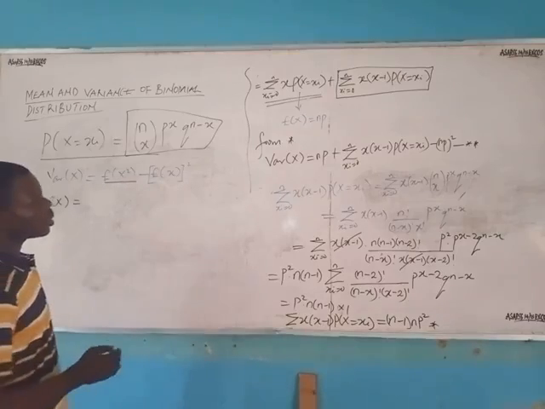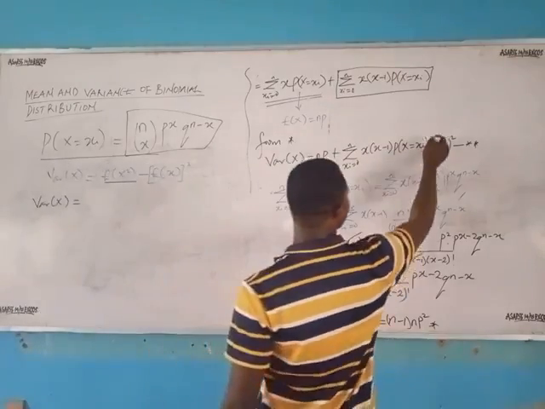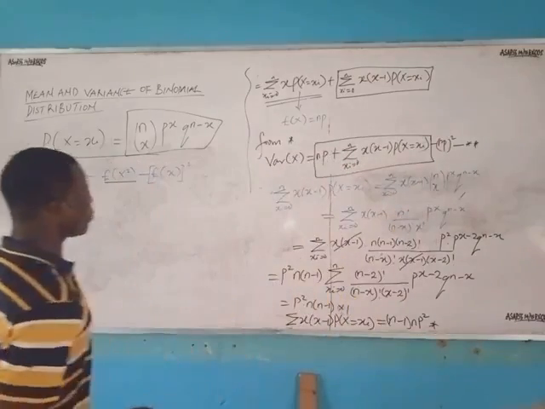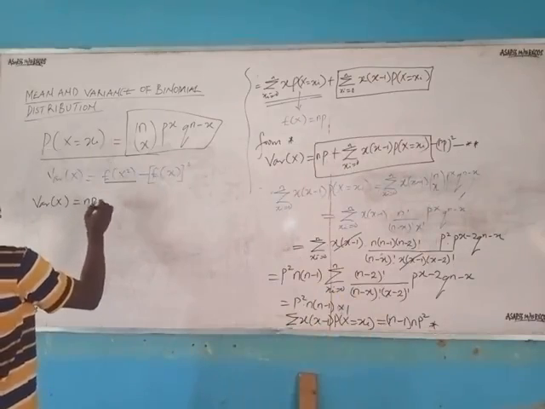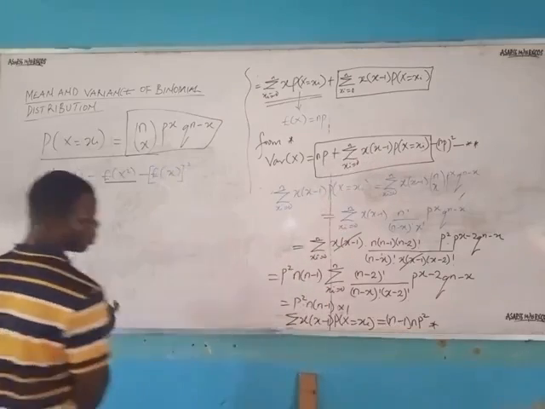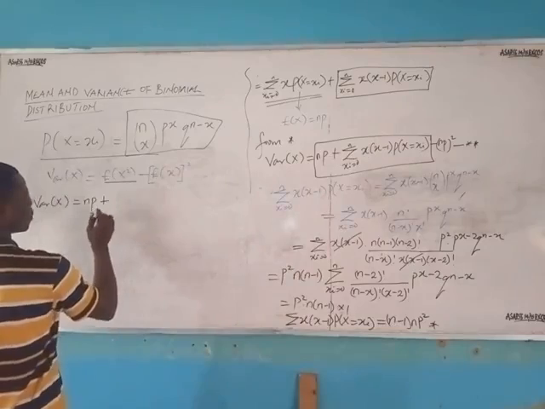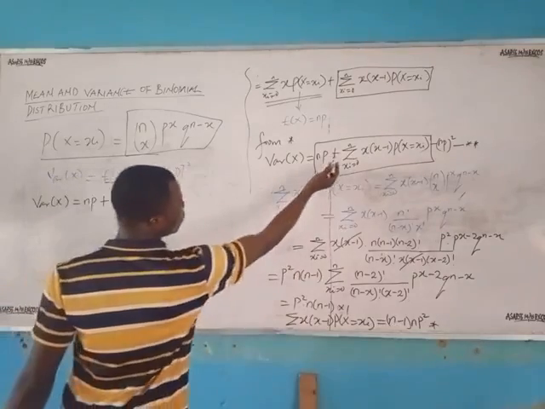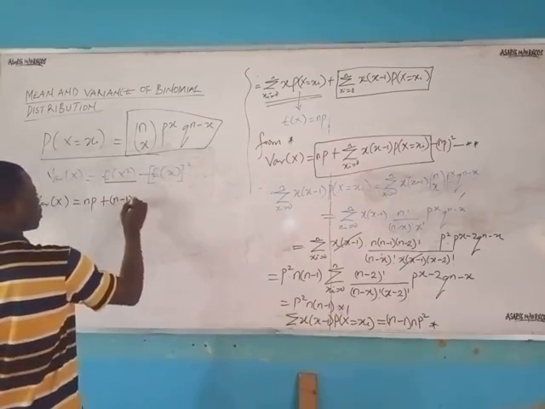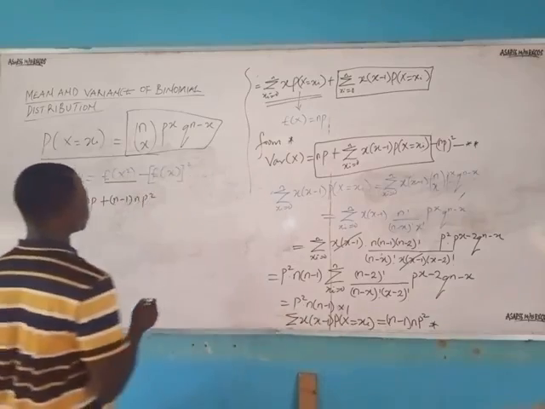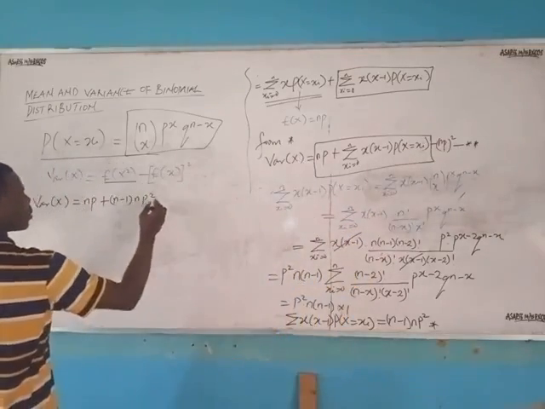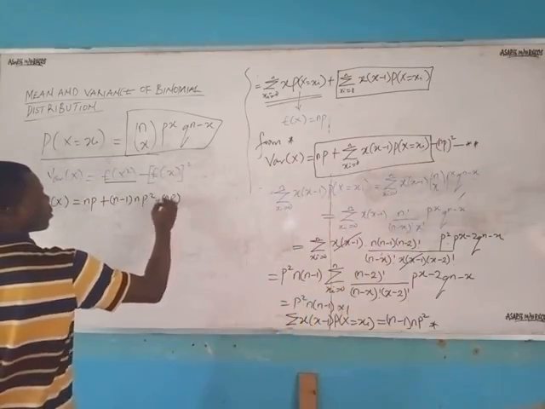So we have np first, then what we got here, plus the answer of this, n into n minus 1 times p squared, minus the mean, which is np, all squared.